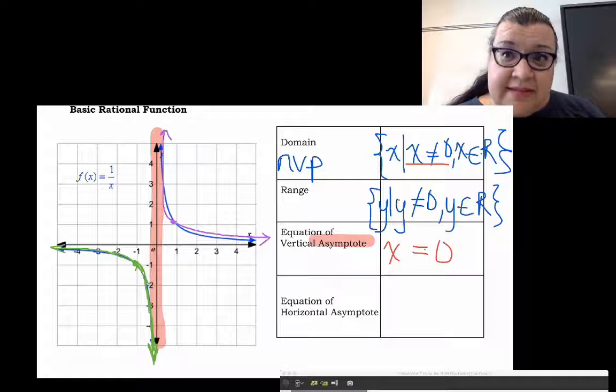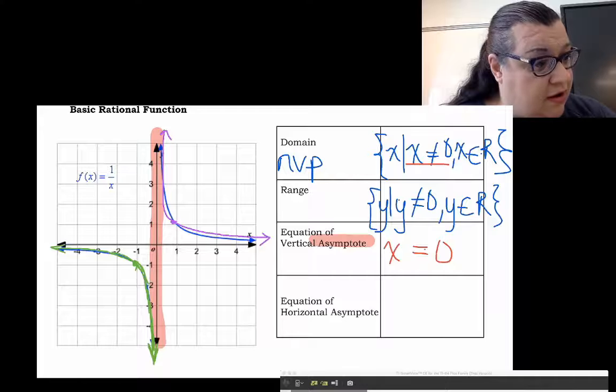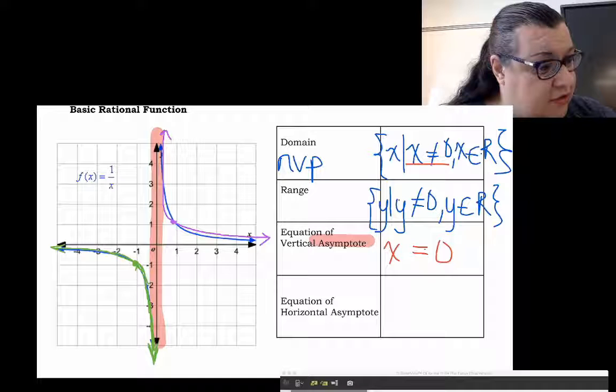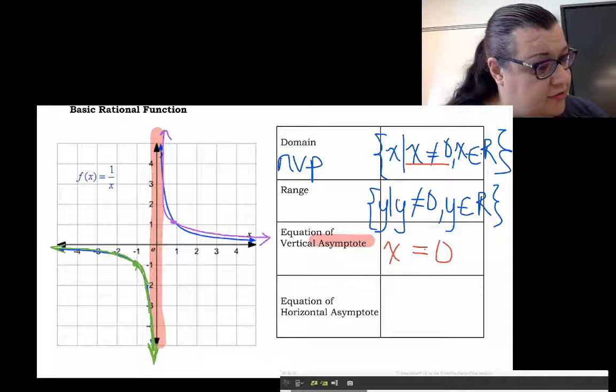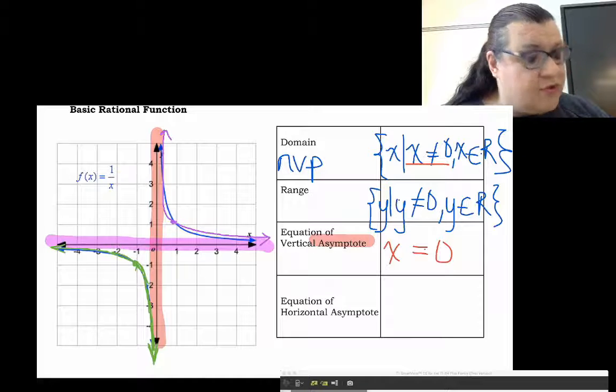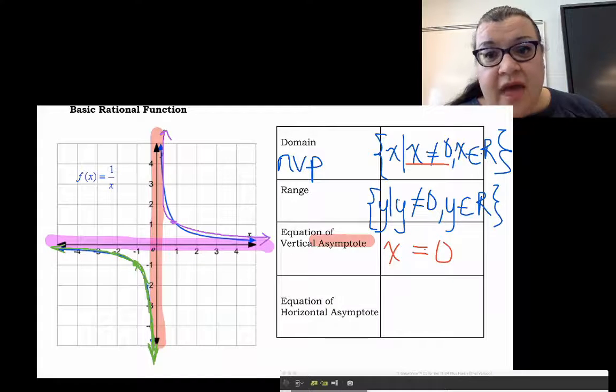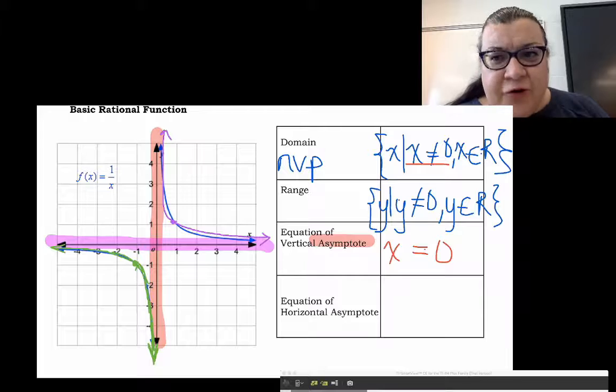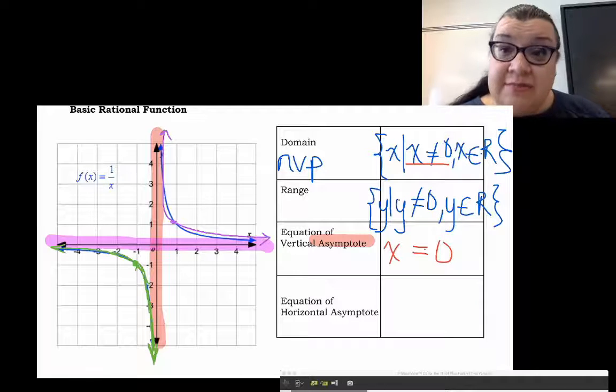And then we see a similar thing, obviously, with our horizontal asymptote. Right? We're getting closer and closer and closer to y being 0, but we are never going to cross the x-axis. We're never going to get there. So that's our asymptote.